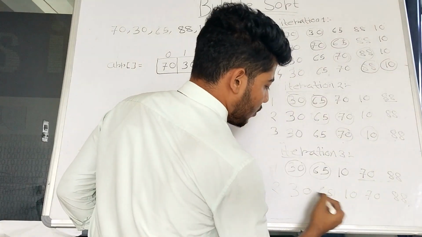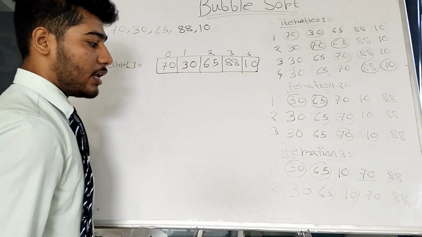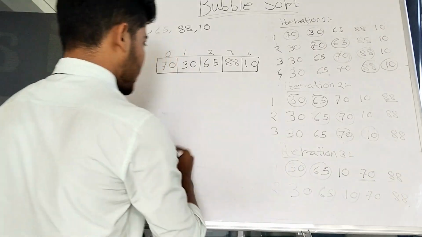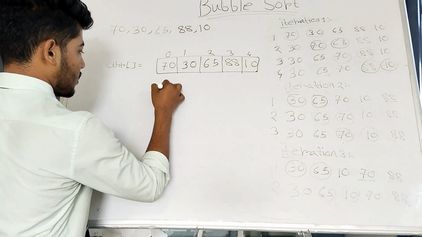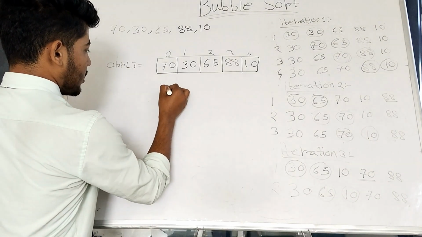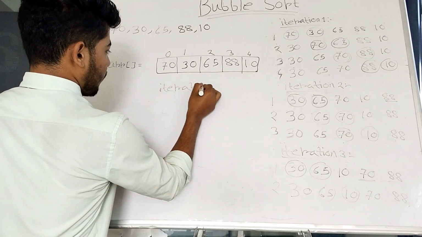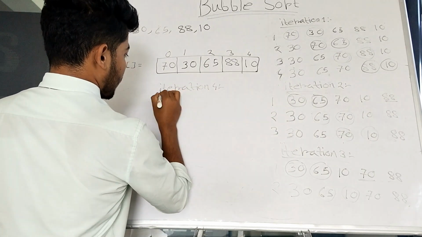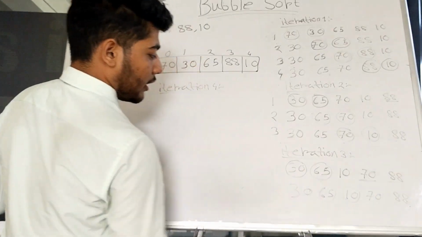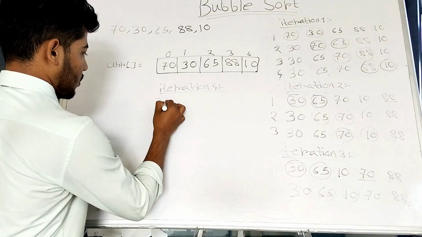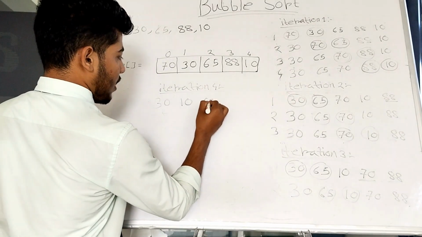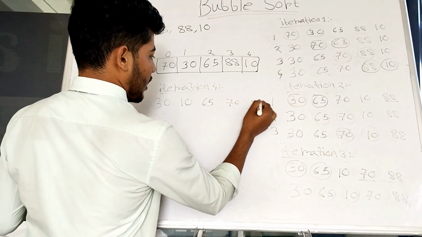Now ARR 1 with ARR 2, 65 greater than 10 is true, but we will interchange in the next iteration. So next is iteration 4. In iteration 4, 30, 65 will swap with 10, so 10 will come, then 65, then 70 and 88.